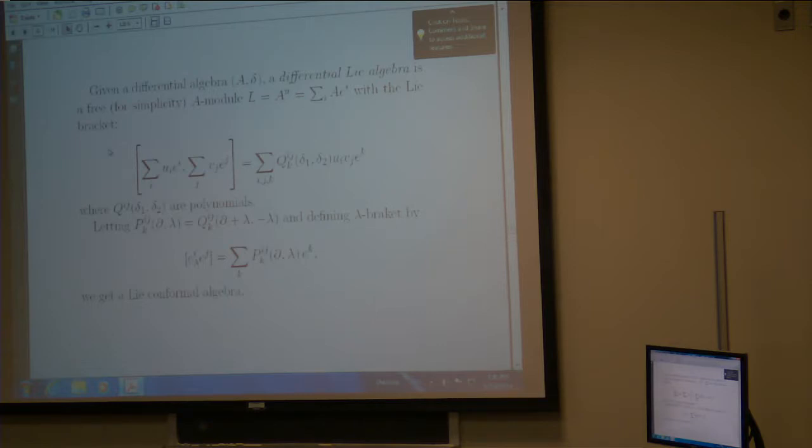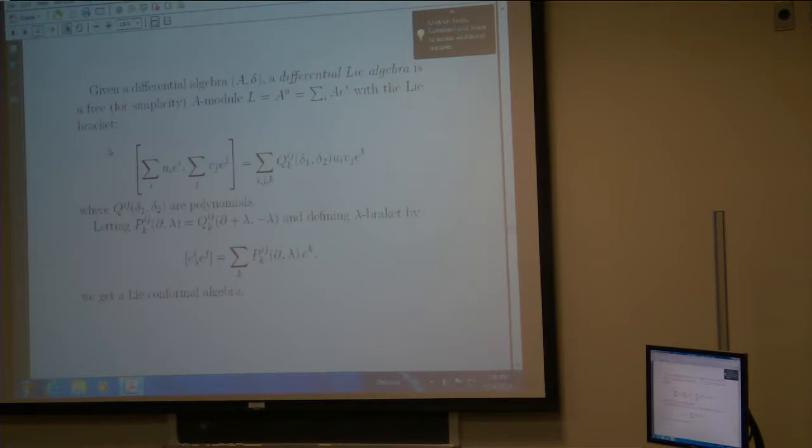So essentially, a Lie algebra of operators, and then the bracket is given by differential polynomials. When, for example, you classify the simple differential algebraic Lie algebras, then they're conjugate to Lie algebras over fields of constants.